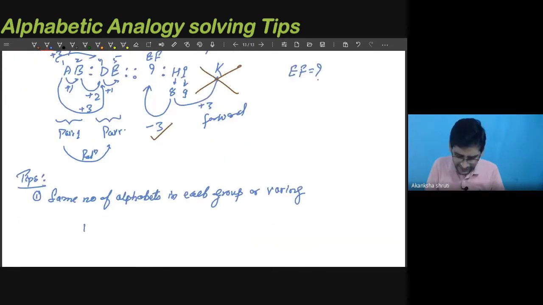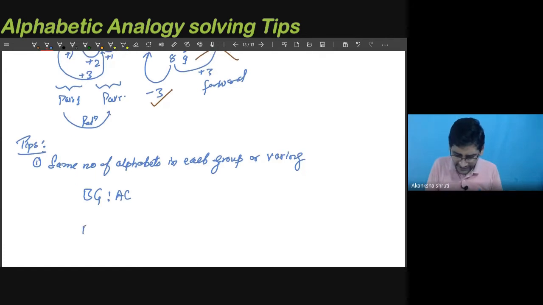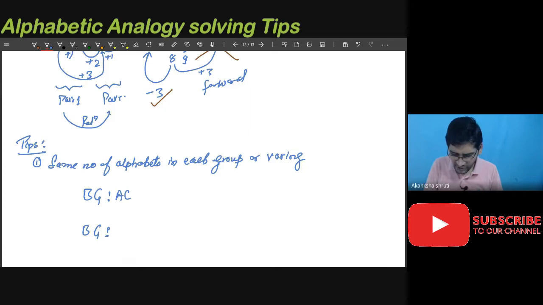Say I am writing B, G is to A, C. Okay. If only this one is written, BG is to AC, we are getting equal numbers. But many a time it is related like this: BG is related to AC and FH.